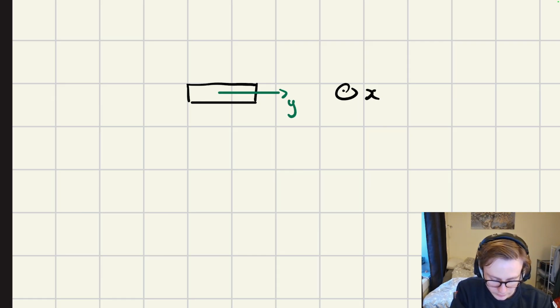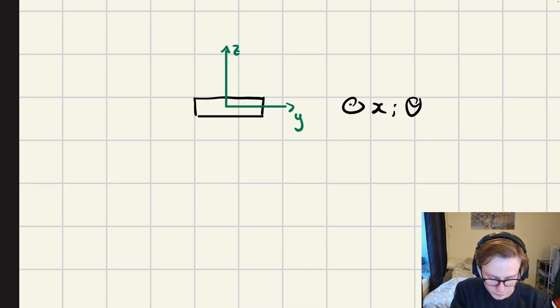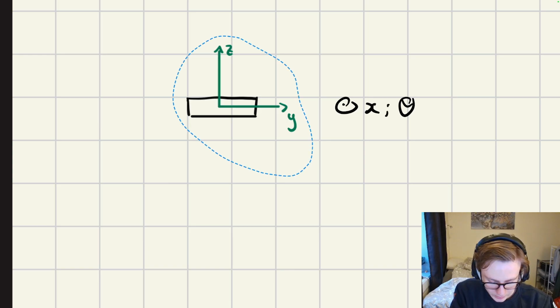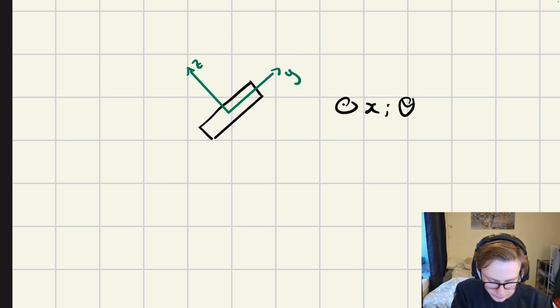We have y. And we have z. So by knowing the x rotation theta, we should be able to get the correct x and y components by doing this.